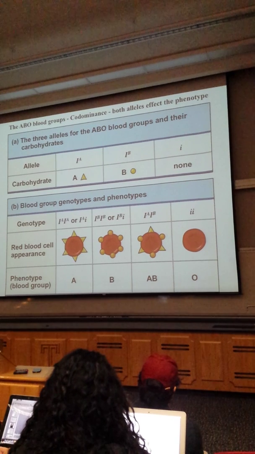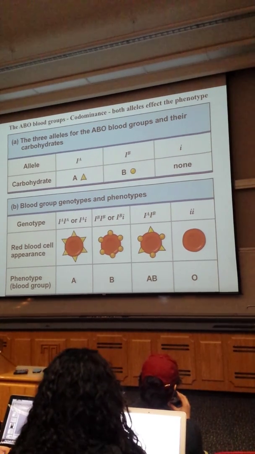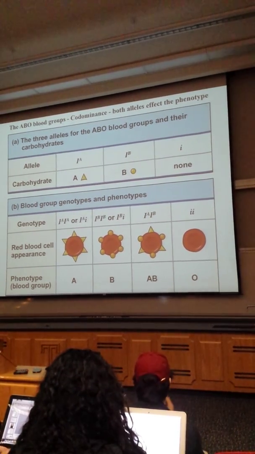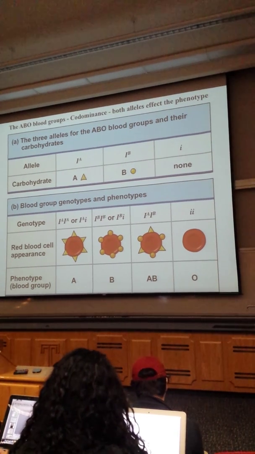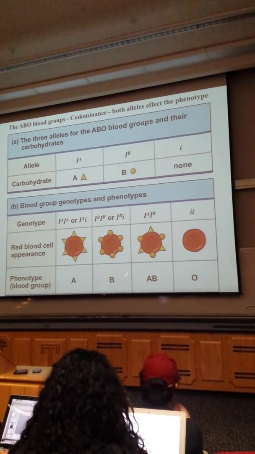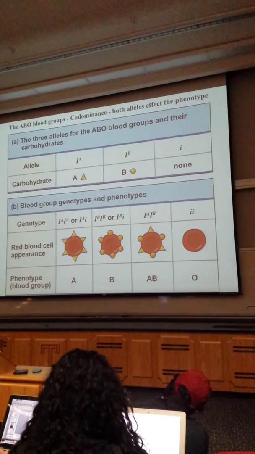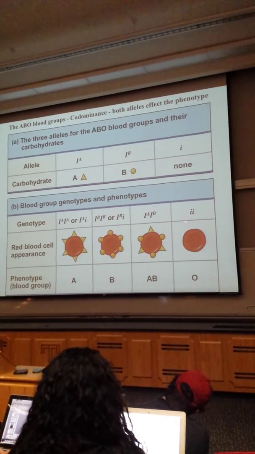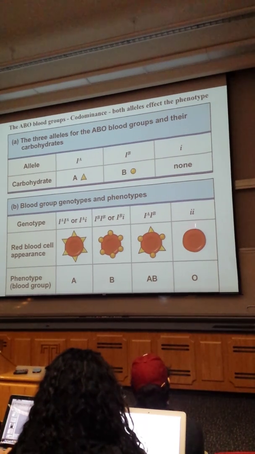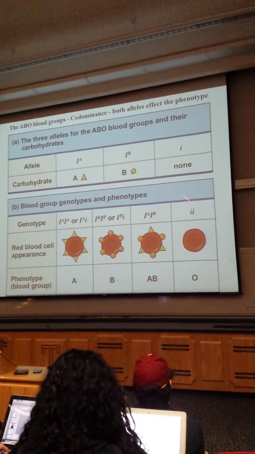So if you had to figure out, based on what I just told you about the effects of the immune system on transfusions, which blood type would be what you would call the universal donor? This one. Oh, absolutely. This is the universal donor because anybody can get this blood, right?